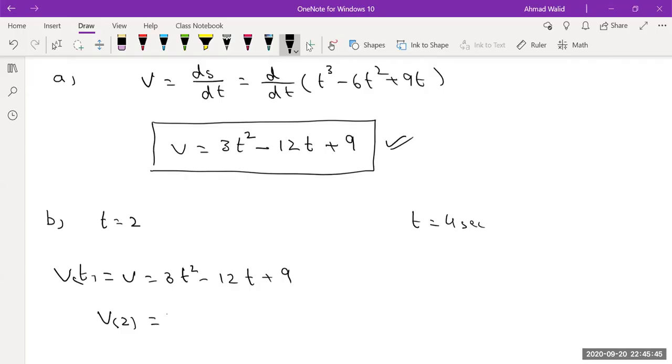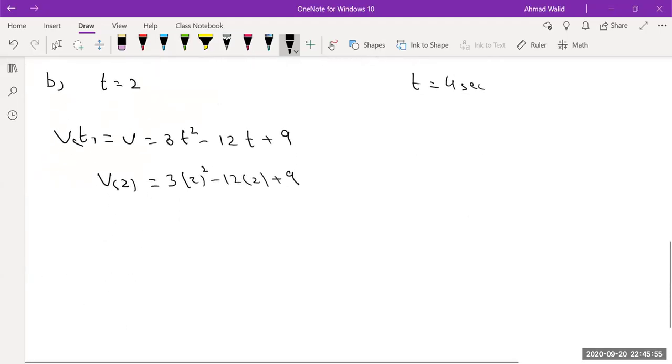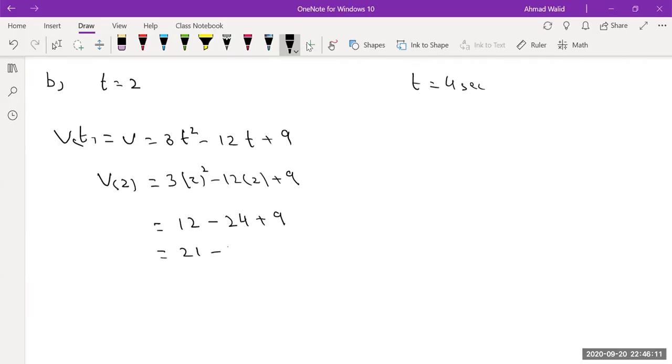Then v of 2 equals 3 times 2 squared minus 12 times 2 plus 9, which is equal to, 2 squared is 4, 4 times 3 gives you 12, minus 2 times 12 gives you 24, plus 9. 9 plus 12 is 21, minus 24, which gives you negative 3.